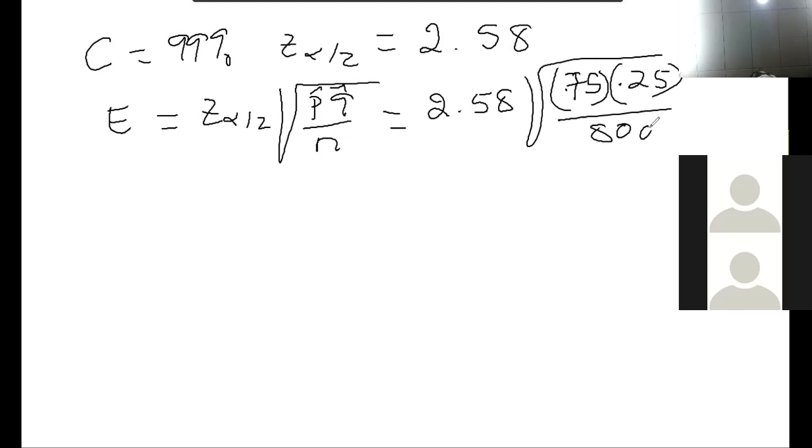Can you use your calculator to compute this? 0.75 times 0.25 over 800, take the square root and multiply it by 2.58.